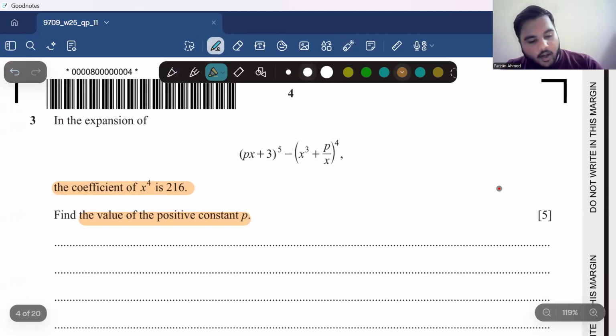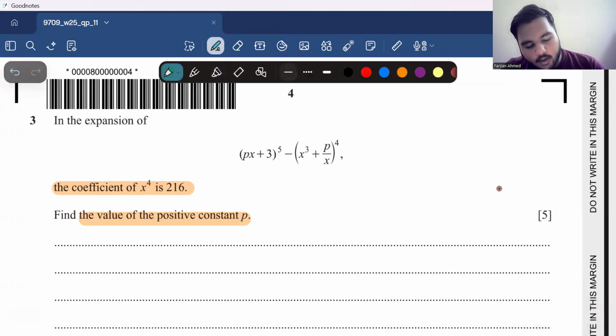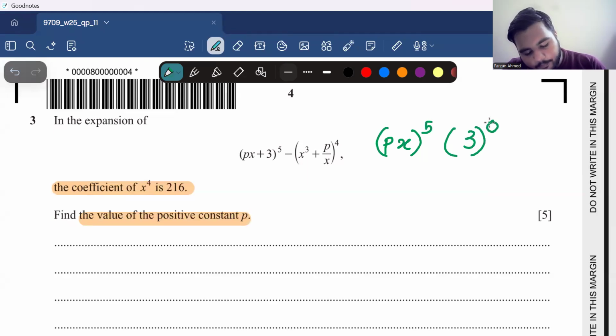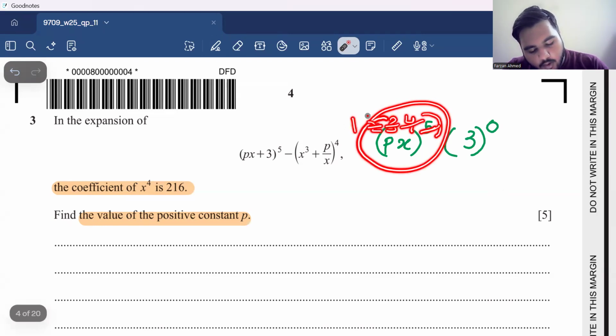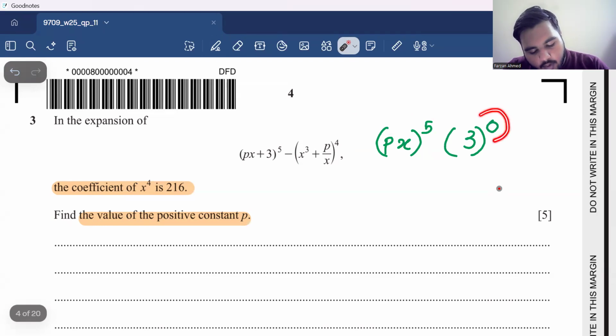So what I will do is solve this with the triangle method. First of all, I have written (bx) raised to power 5 and 3 raised to power 0. From here, when you deduct, 4 will remain, then 3, then 2, then 1. And from here, the number will increase like 1, 2, 3, 4.